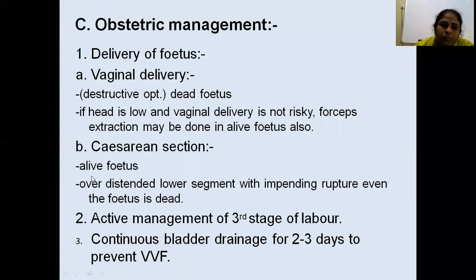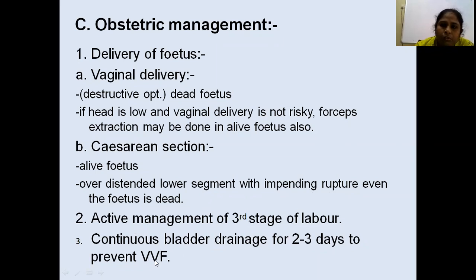Usually, if the baby is a live fetus and when there are signs of impending rupture, this I will tell you later. Then active management of the third stage of labor, that is, try to prevent any postpartum hemorrhage and also to prevent future problems, as the bladder usually will be traumatized in these conditions.